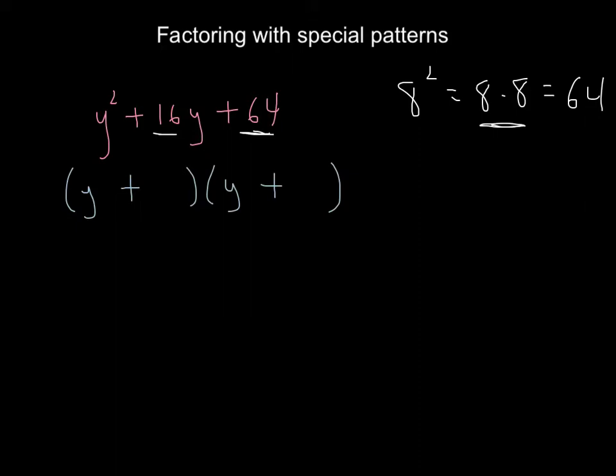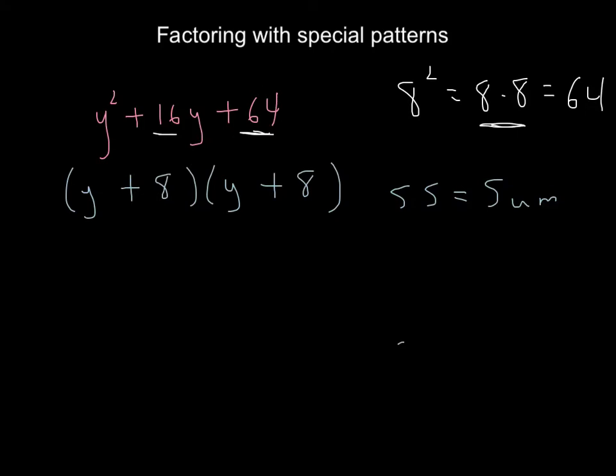And you start thinking about 64, and you say, well, wait a second. Before I list them all out, 8 times 8 is 64, and 8 plus 8 is 16. And because we are same signs, remember, same signs equals a sum. So if I just put 8 and 8 here, I think we're all set.